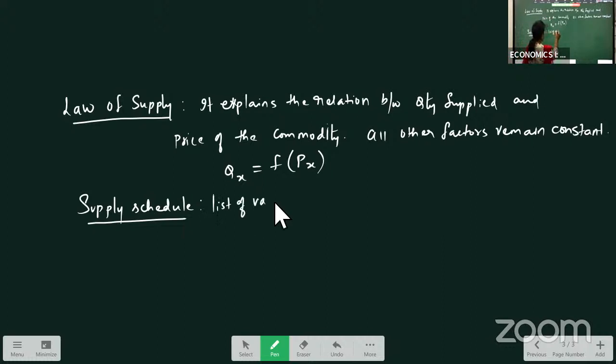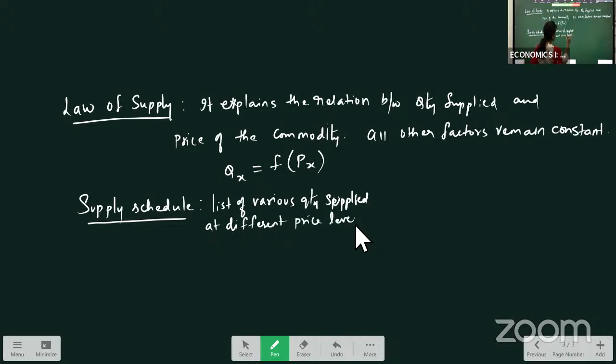A list of various quantities supplied at different price levels. That is called a supply schedule. Okay, list means as the price is changing, supply is also changing. So that list is called a supply schedule.